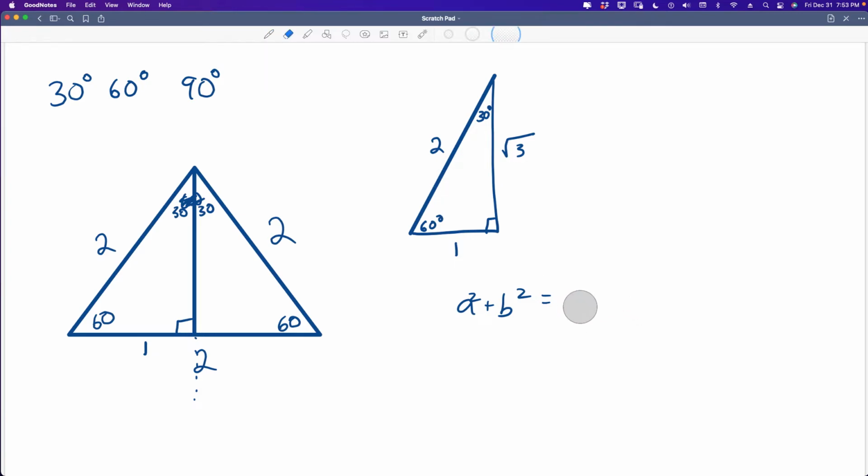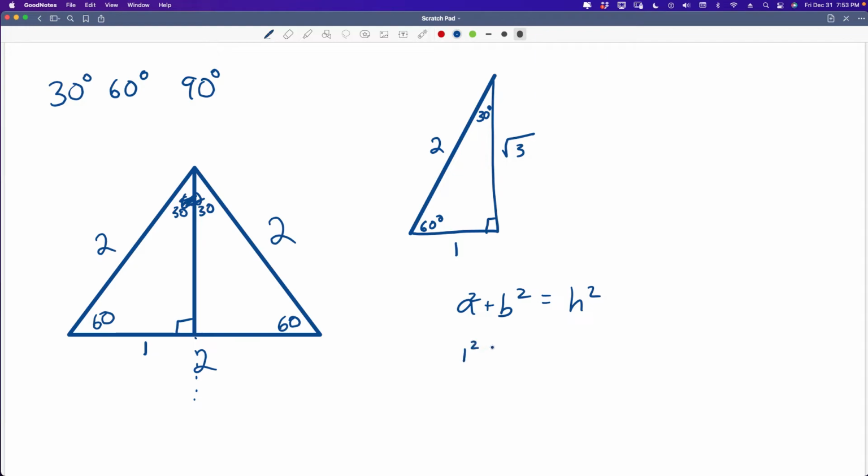I like to say h squared instead of c squared, because that reminds me of the hypotenuse. And the hypotenuse here is 2, because it's the one directly across from the 90 degree angle. And one of the sides is 1.